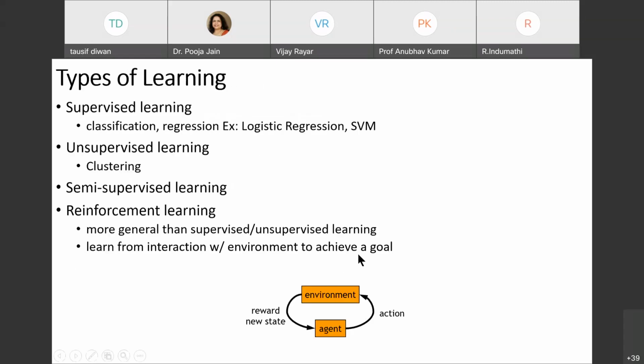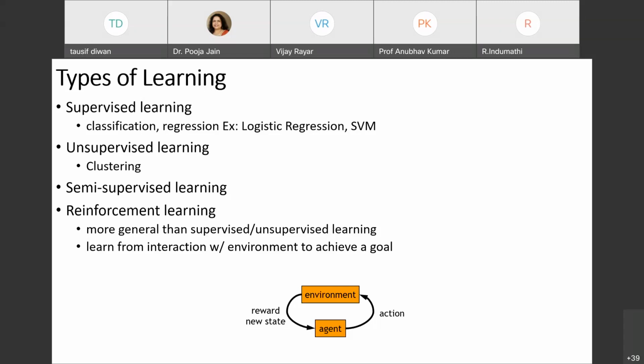Before jumping directly to SVM, let me tell you in brief the types of learning, where SVM lies and what other algorithms come under this category. Basically, learning is divided into three categories, specifically four if semi-supervised learning is also considered a separate category. Supervised learning, in which we are given labeled data.